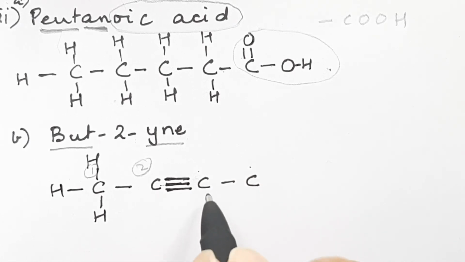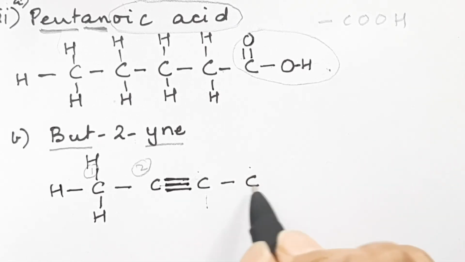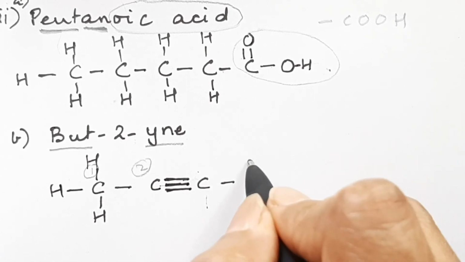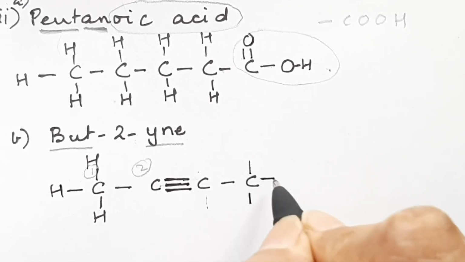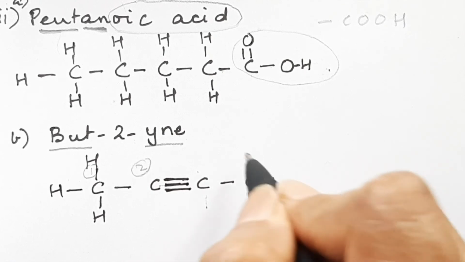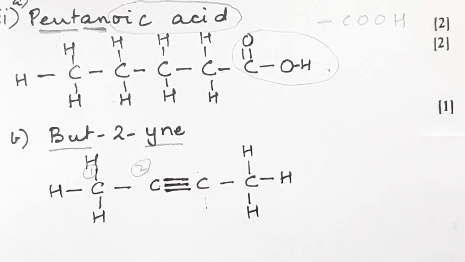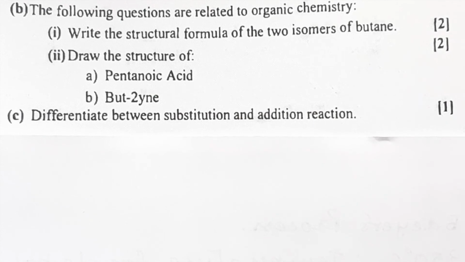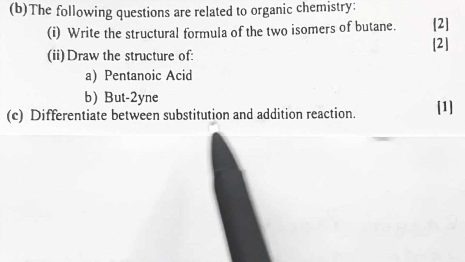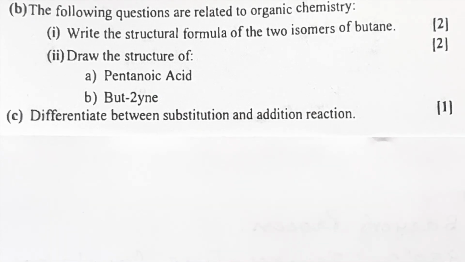So you cannot add any more hydrogen here. But this carbon has only 1 valency. So 2, 3, 4. So that makes 4 valencies for this. Now for each valency, attach hydrogen. So this becomes but-2-yne.